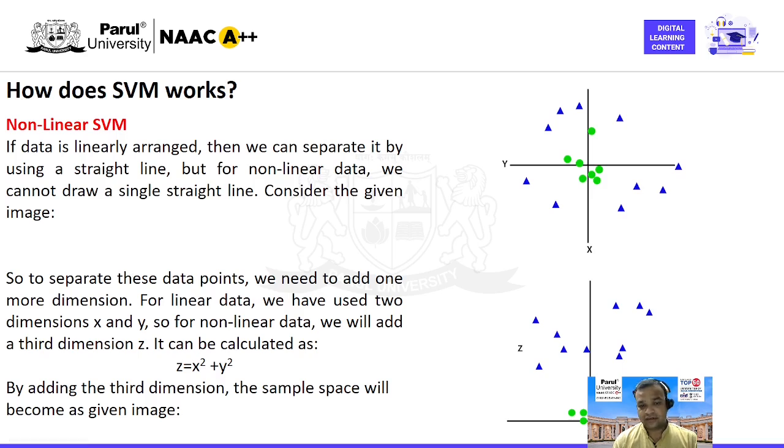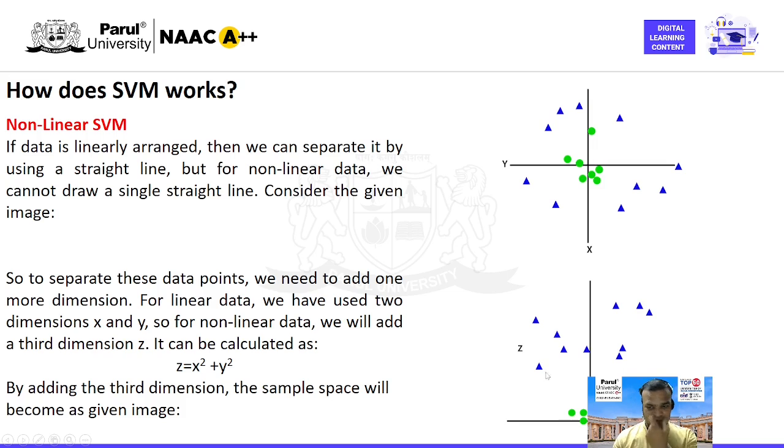For linear data, we have used two dimensions, x and y. So for non-linear data, we will add a third dimension z. It can be calculated as z equals x power 2 plus y power 2. By adding the third dimension, the sample space will become like this image.